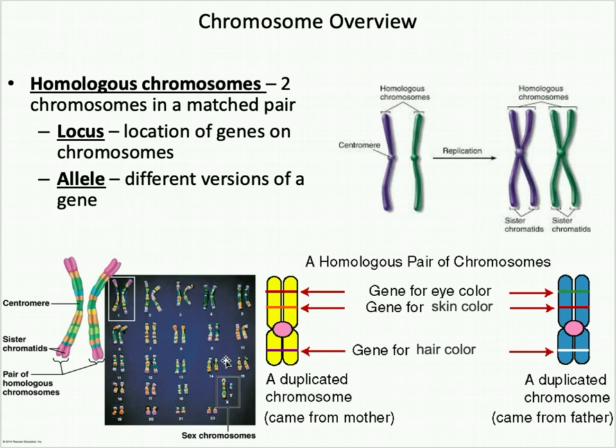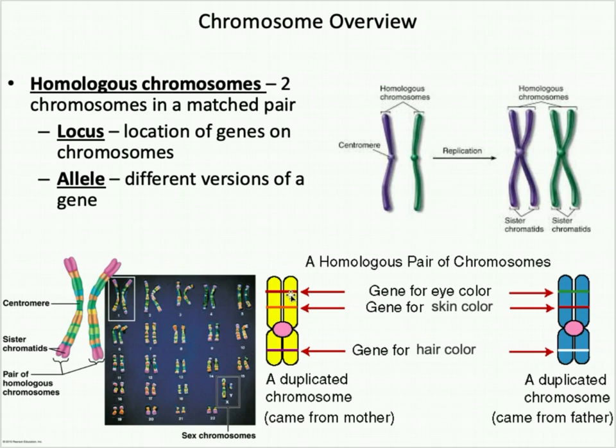Some other words are locus. On each chromosome, you will have certain genes. So here on this chromosome, the locus is for the gene for eye color. But you can have different or variant versions of that gene.